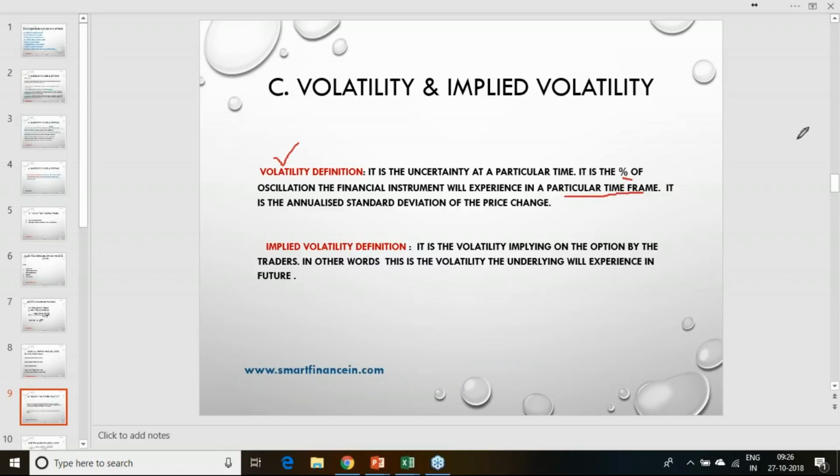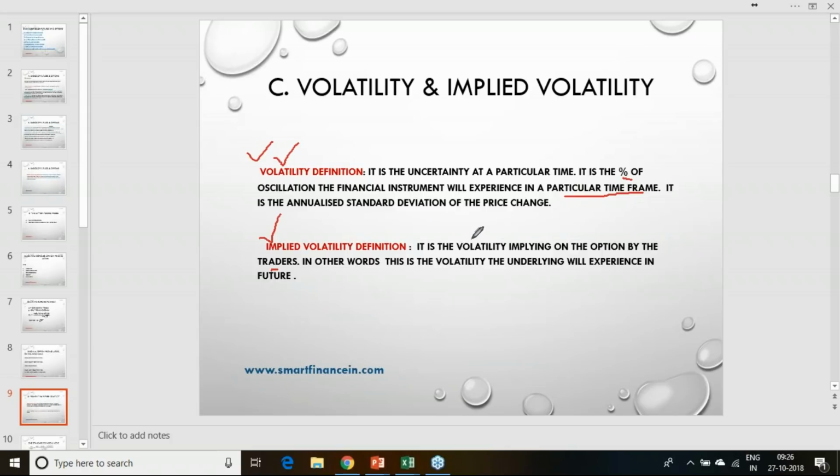Now coming to the implied volatility. It is the volatility implied on the option by the trader. The volatility you have calculated is based on historic data. However, implied volatility says that the trader doesn't accept that volatility.